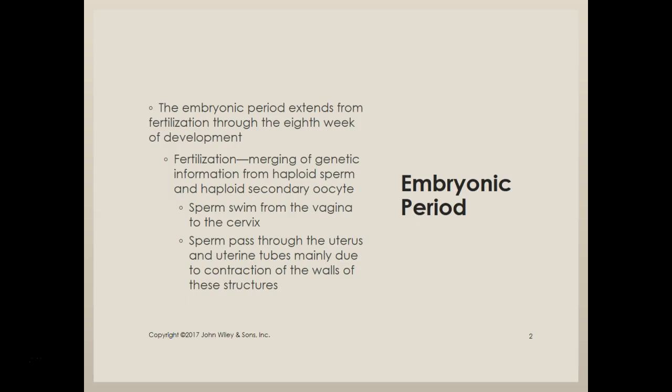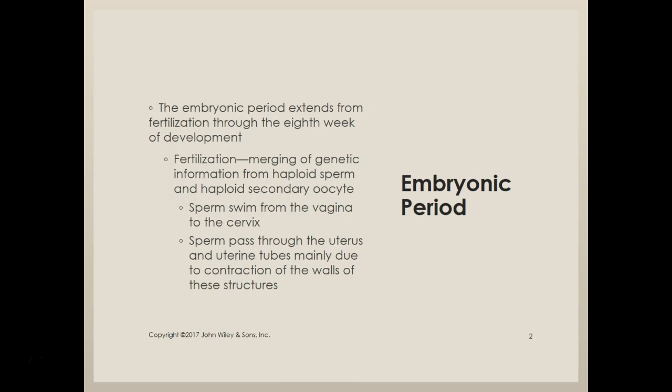The embryonic period extends from fertilization through the end of the 8th week of development. The first week of development is characterized by several very significant events that include fertilization, cleavage of the zygote, blastocyst formation, and implantation. So we'll begin by examining fertilization.